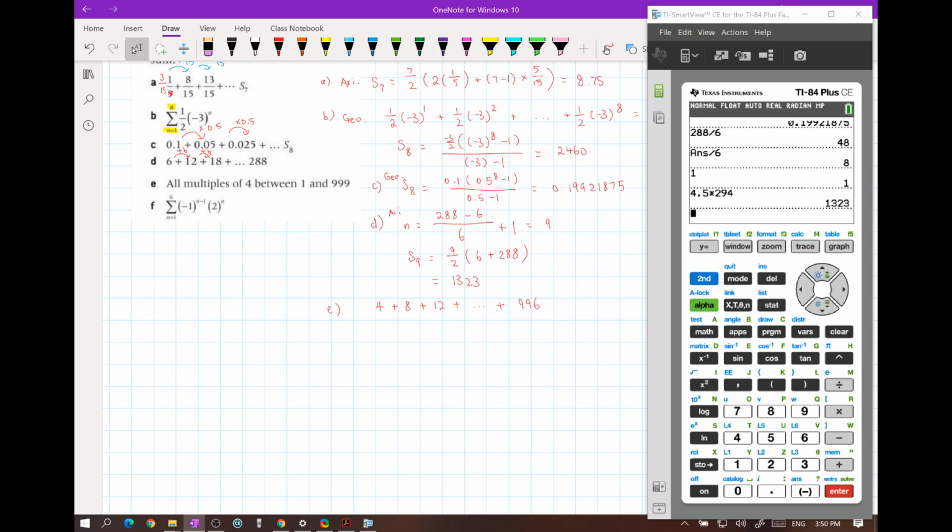But if you're not so sure, again, we can use the same idea in part D to figure out how many terms there are. So we do last term minus the first term divided by the common difference plus 1. And then this will map to 249.